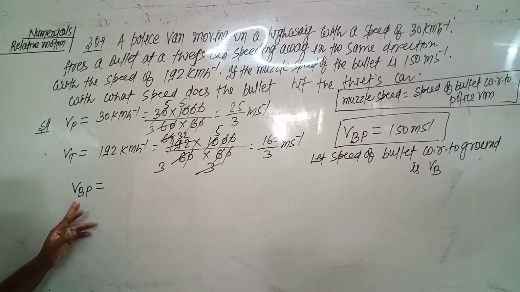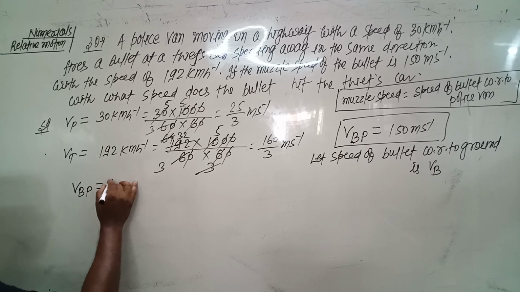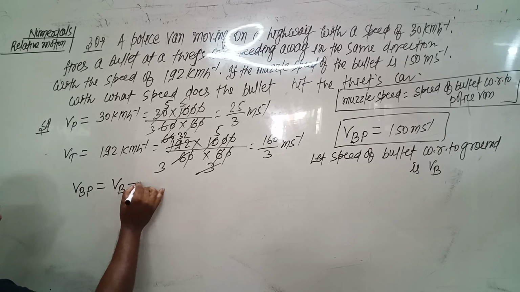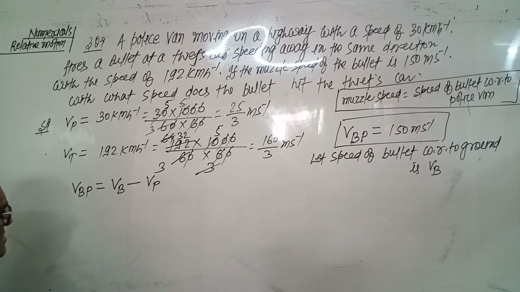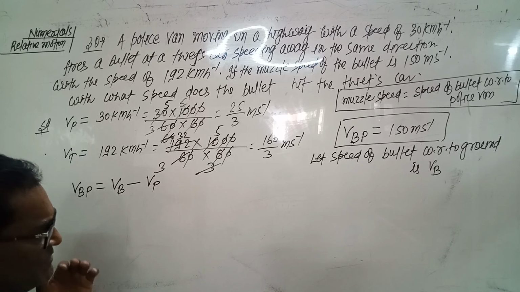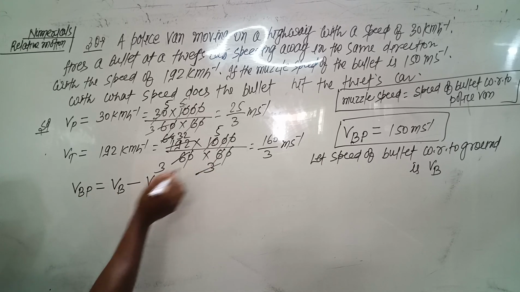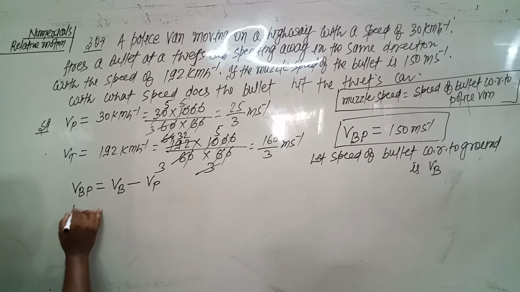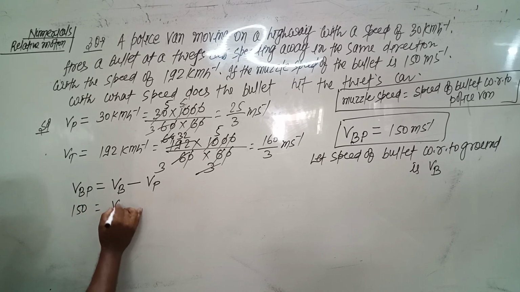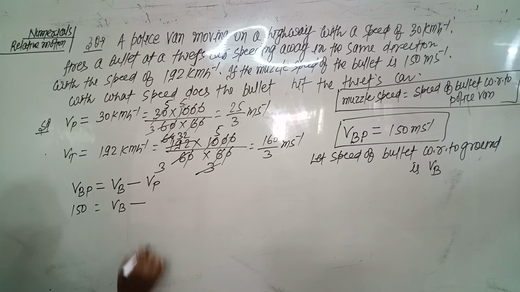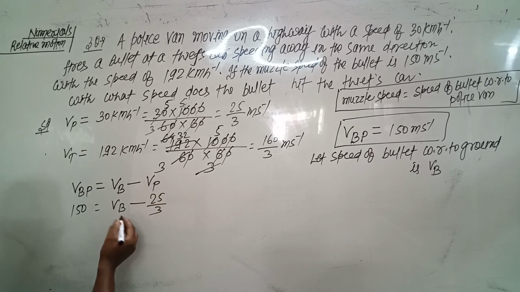The speed of bullet with respect to police van is equal to the speed of bullet minus the speed of police van, and we will find the value of VB. VBP is given 150 meter per second equals VB minus VP. We have calculated 25 by 3.